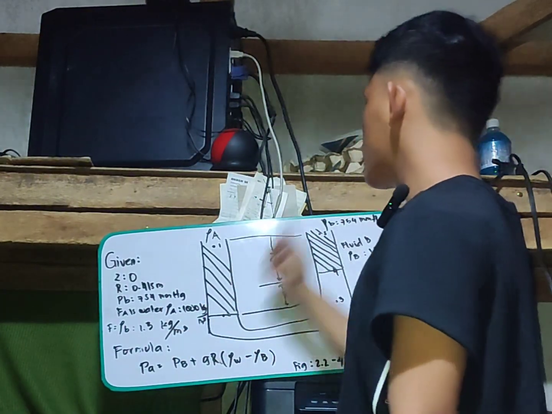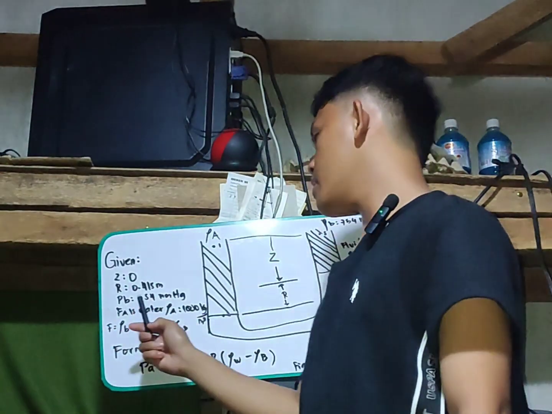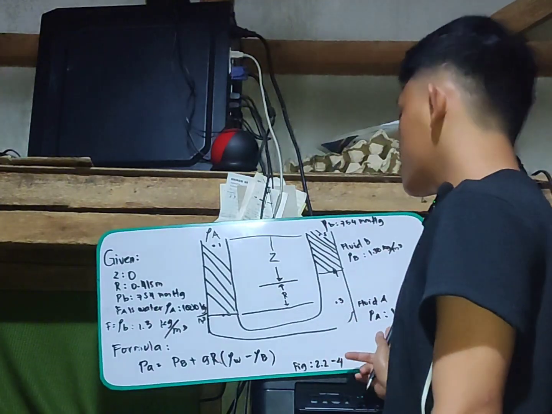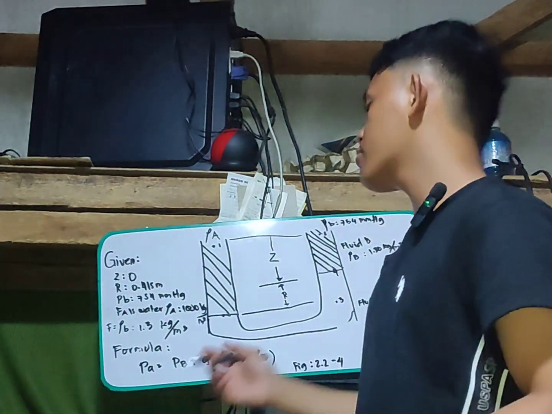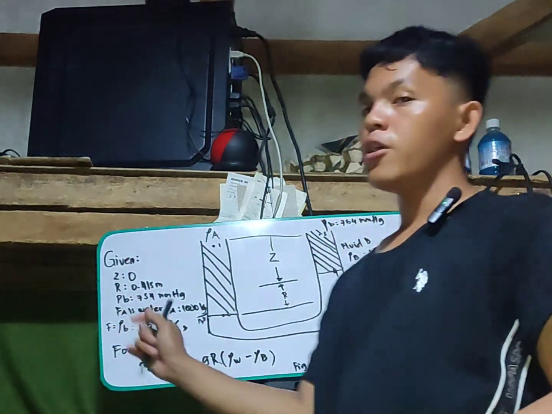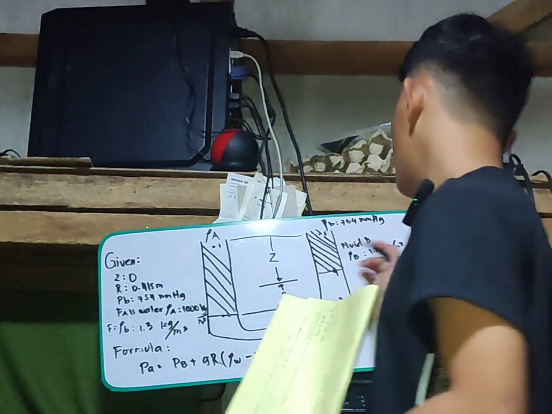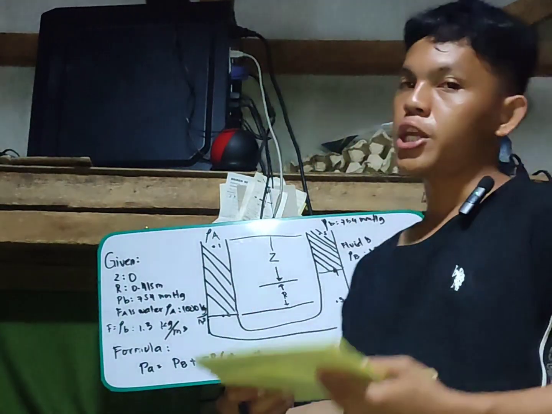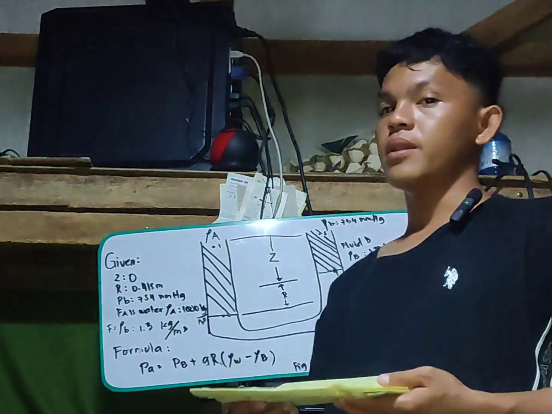And we have also the fluid A. Ang ating fluid A is equal to water. It is equal to 1,000 kilogram per cubic meter. We have also here the density of B. We have 1.30 kilogram per cubic meter.